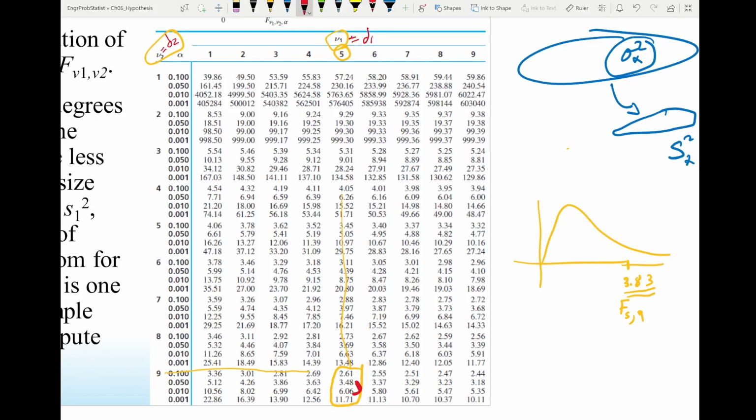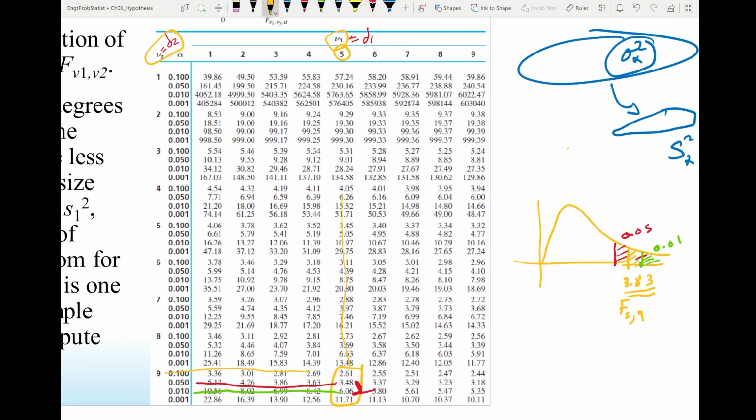So 3.48 is somewhere here, and the area here is 0.05. And 6.06 is somewhere here, and this area is 0.01. So for our test statistic that is here, it's this area.